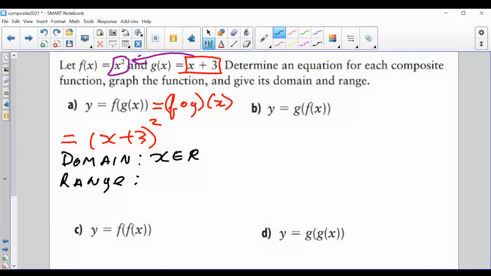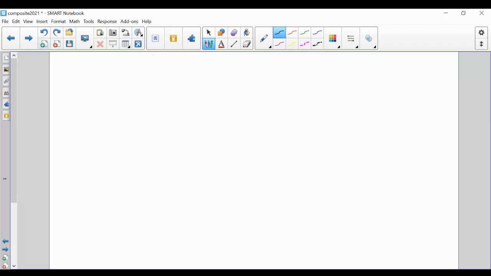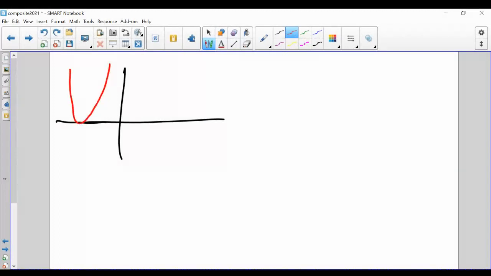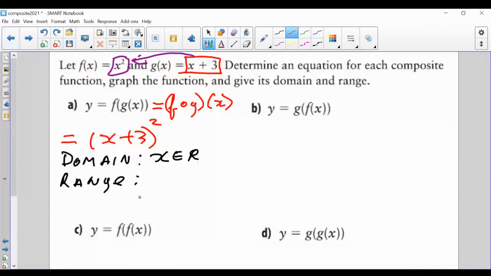I'll give a little sketch of this function that you should know. I might not have any room here, so I'll put it on the other page. The sketch of this function would be this. It's the y equals x squared line that's been shifted to the left by 3. You should know that. This represents a horizontal shift to the left of the x squared function.